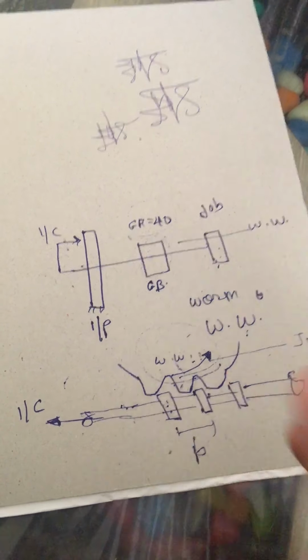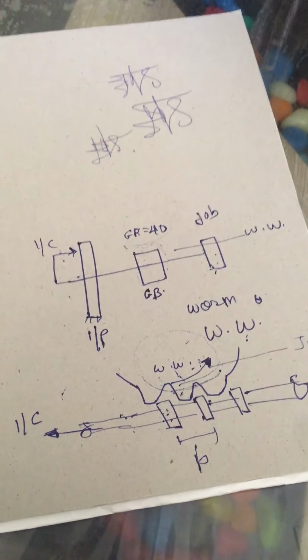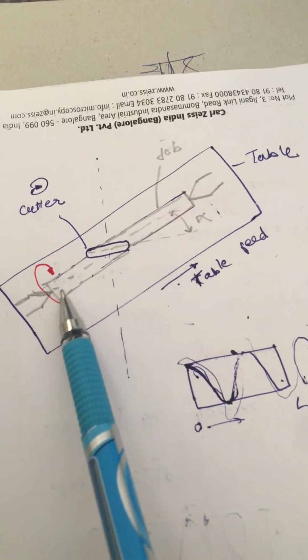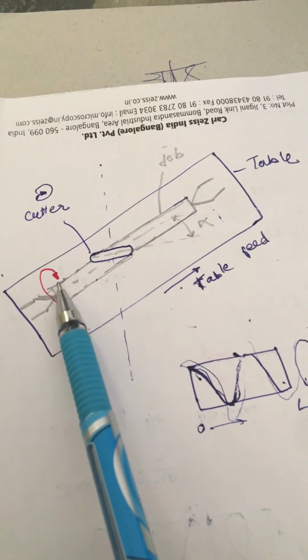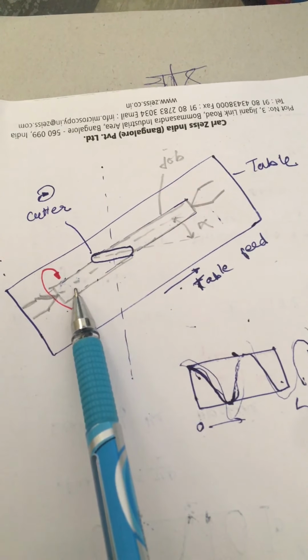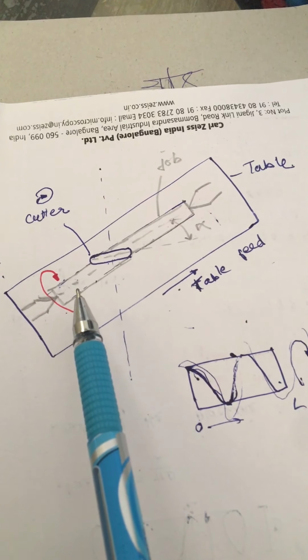All right, this is something that I needed you to revise. Coming back to helical milling, the job rotates by one rotation when the index crank is rotated by 40 rotations.